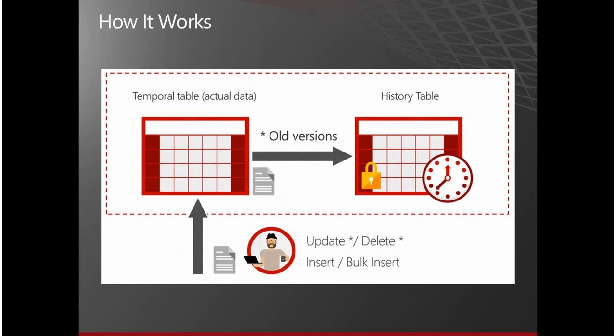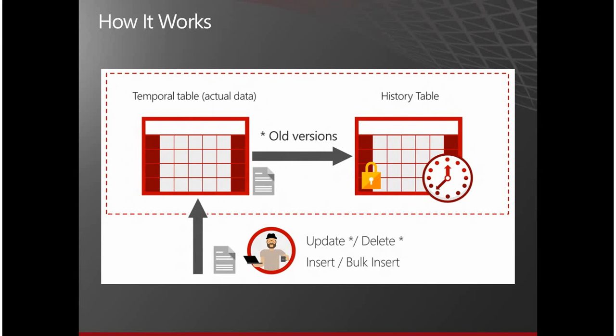How it actually works is nothing big for us. We have a normal table, which is our temporal table, and if you forget about the old versions and the history table part, usually when we have a regular table, we do the update, delete, insert and whatever.